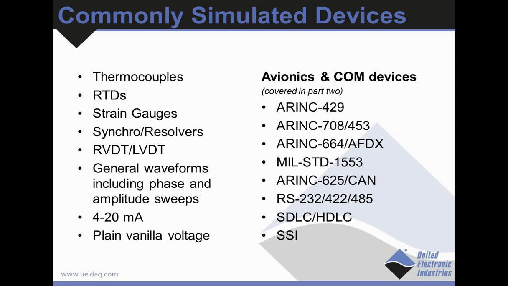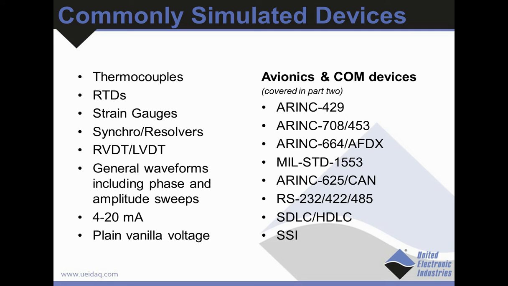So commonly simulated devices, and today we'll talk about the ones on the left here: thermocouples, RTDs, strain gauges, synchros and resolvers, RVDTs, LVDTs, a couple of general waveforms including phase and amplitude sweeps, 4 to 20 milliamps, and last but probably not least, just plain vanilla voltage. There's enormous numbers of signals in both training devices and SILs that are simply voltage inputs and outputs.